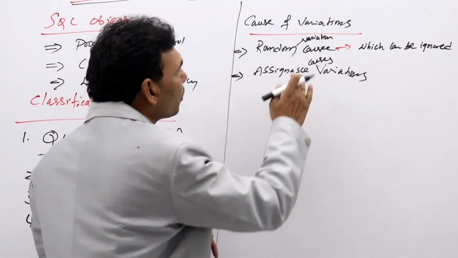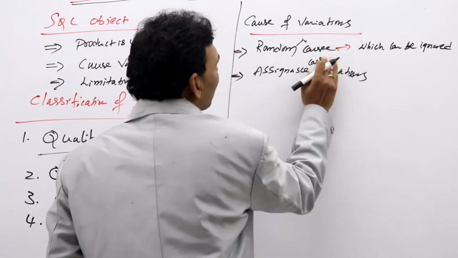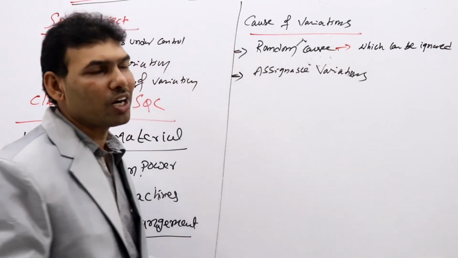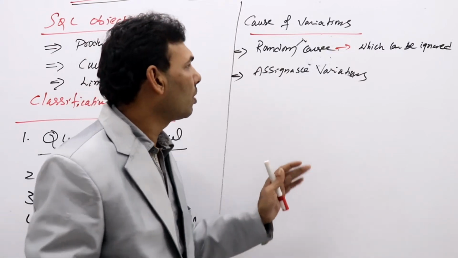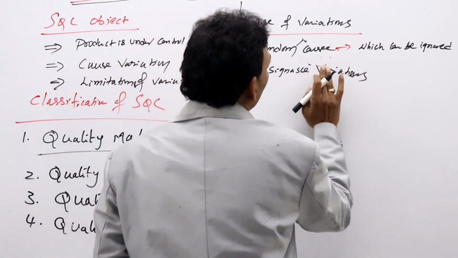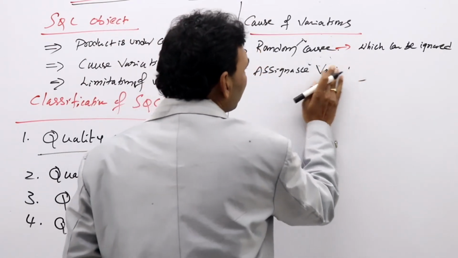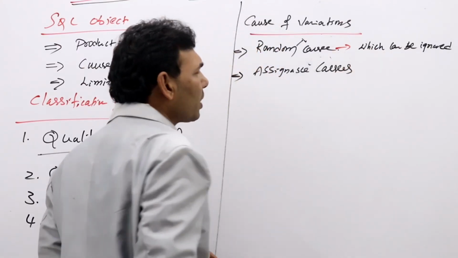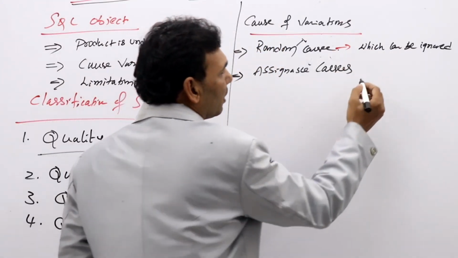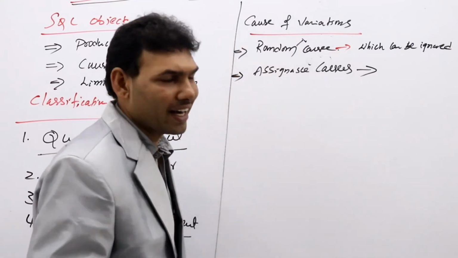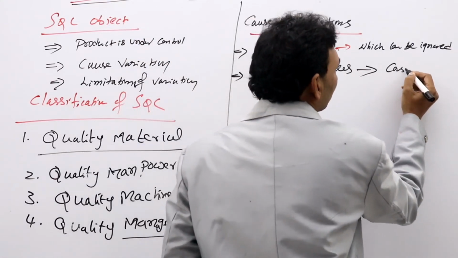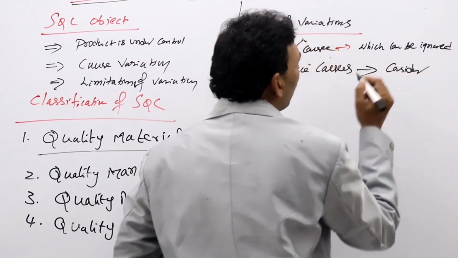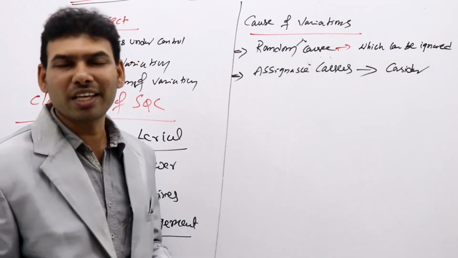The variations are due to two reasons: random causes and assignable causes. These assignable causes we have to take into consideration. You can ignore random causes. They will happen.